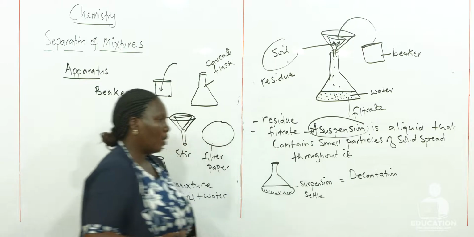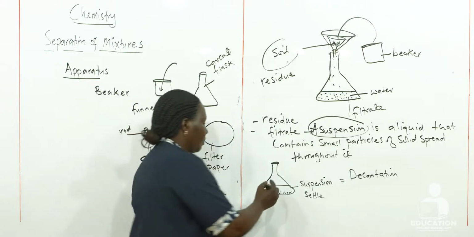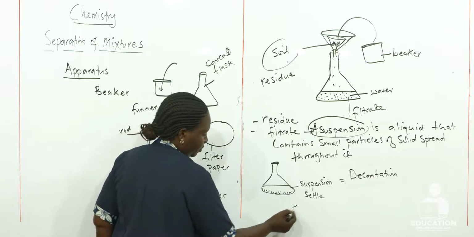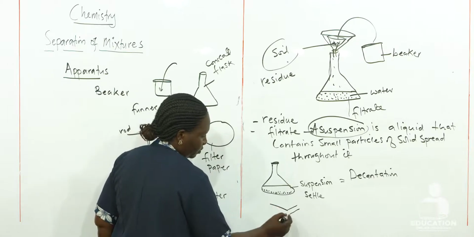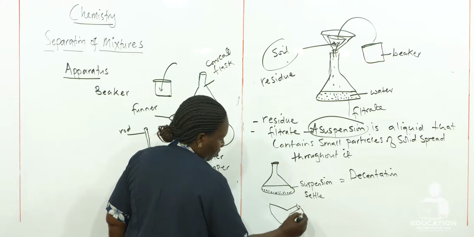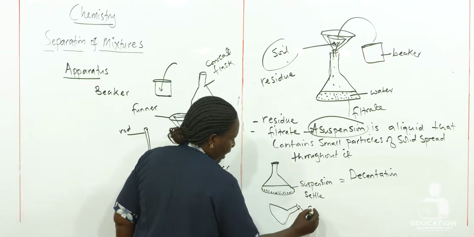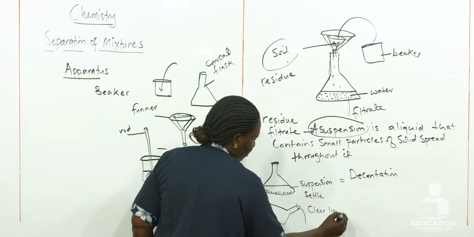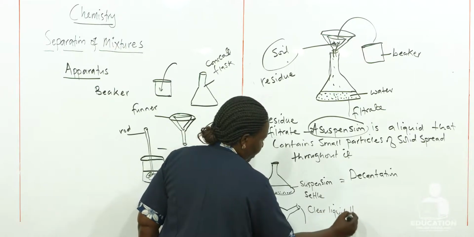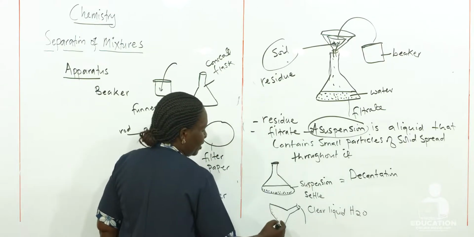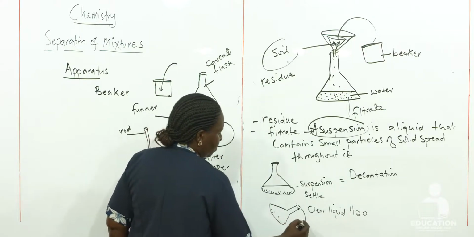You bend the conical flask slowly. You pour the clear liquid, that is the water, and then you leave behind the small particles.